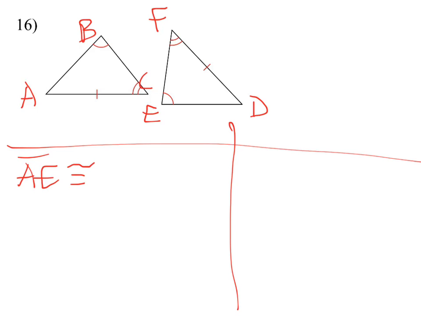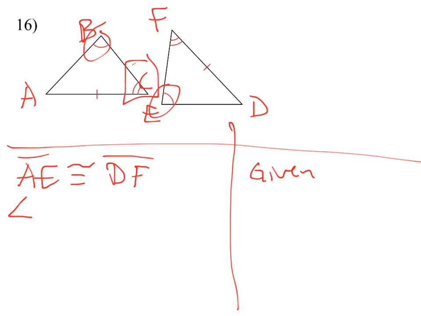And that's on the picture, so that's a given. DF, given. And then I have two pairs of angles that match up, so the angle centered at B and E, and then the angle centered at C and F. So those are two more givens that are on the picture already for us.